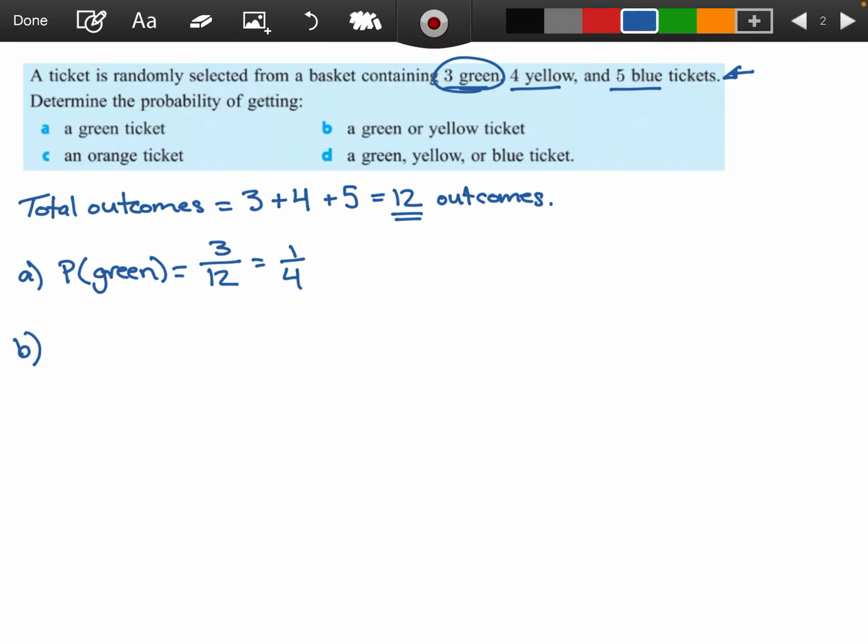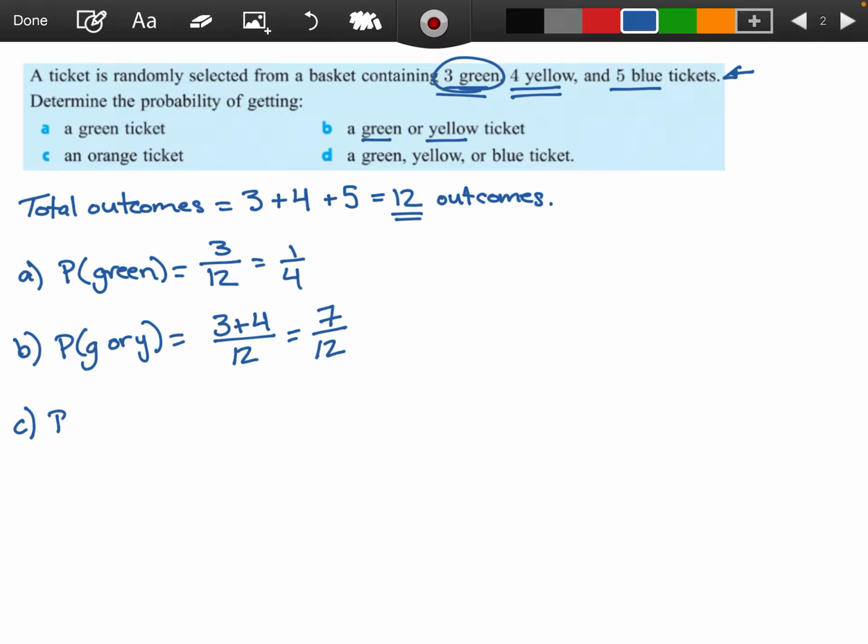Part B, we have green or yellow. So the number of green tickets is 3. The number of yellow tickets is 4. So our numerator will be 3 plus 4. And then our denominator is still the 12 tickets that we have in that basket. So the probability of drawing green or yellow is 7 out of 12.